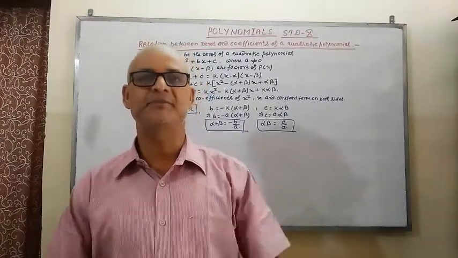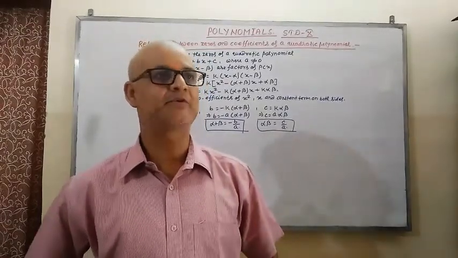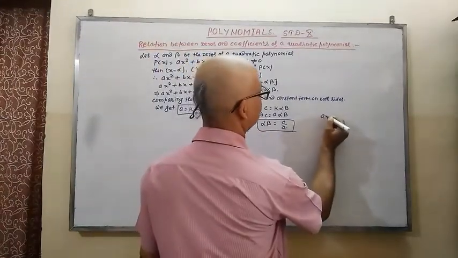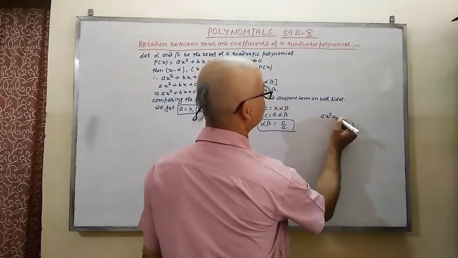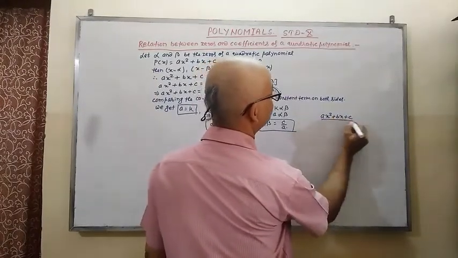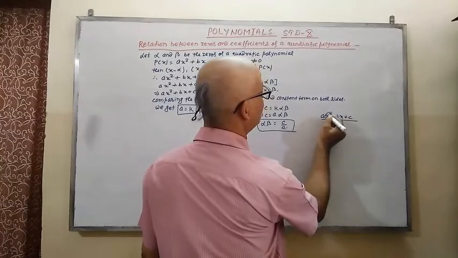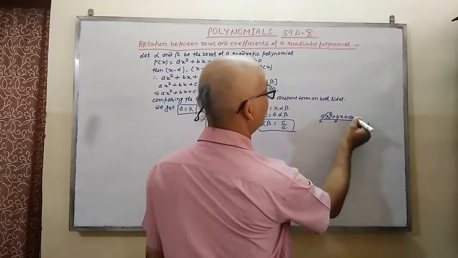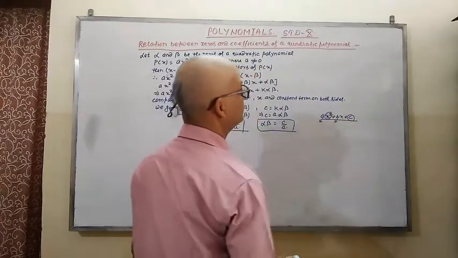So the relation between zeros and coefficients: the quadratic polynomial, its standard form is ax square plus bx plus c, and its coefficients: the coefficient of x square is a, the coefficient of x is b, and this is called the constant term.